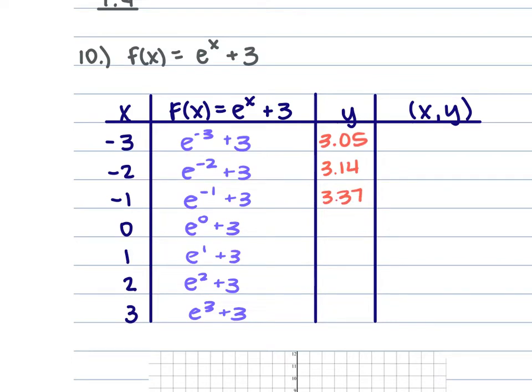The e to the power of 0 plus 3 is 4. e to the first power plus 3 is 5.72. e to the second power plus 3 is 10.39. And then e to the third power plus 3 is 23.09.